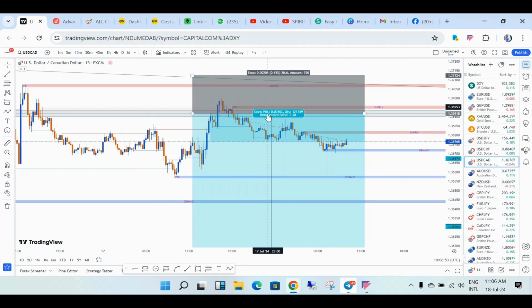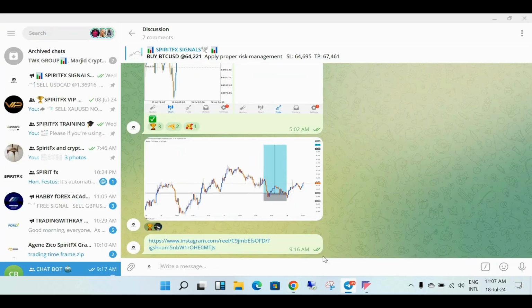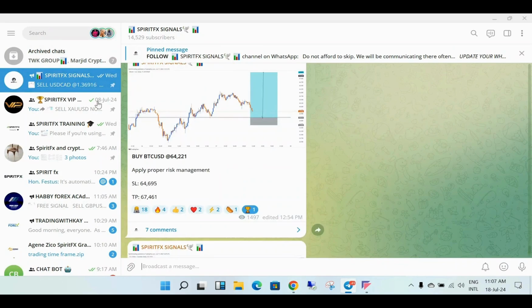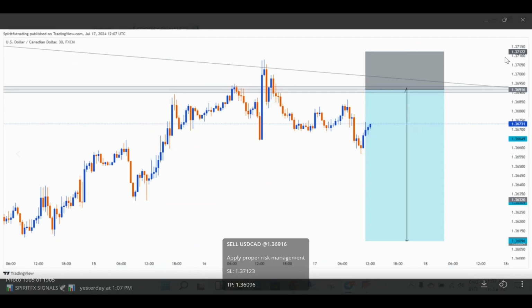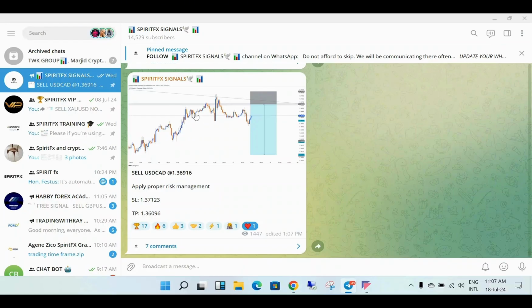All right, but now look, I saw a supply zone around this area. So I noticed price was, I think, around here. Let's go back onto our Telegram and see where price was before I took that entry. As you can see, price was around somewhere here, 1.3670.